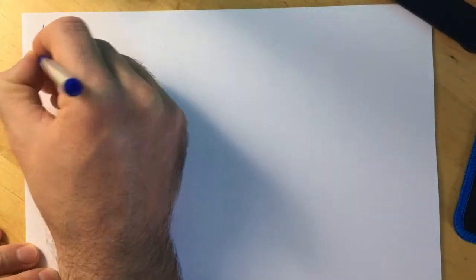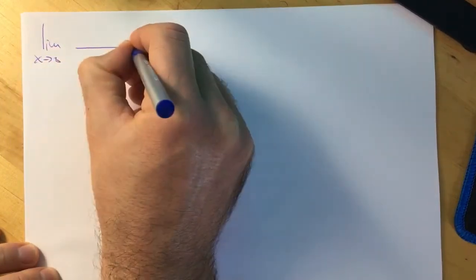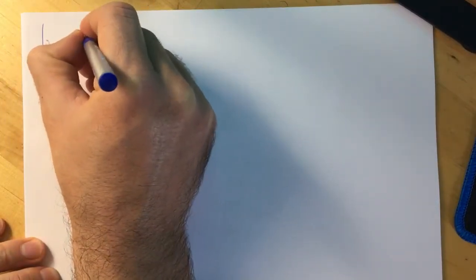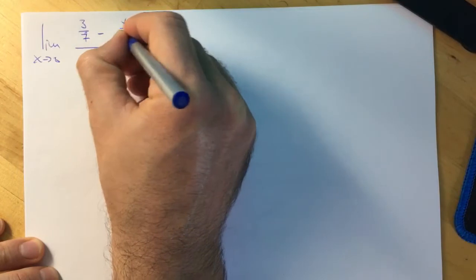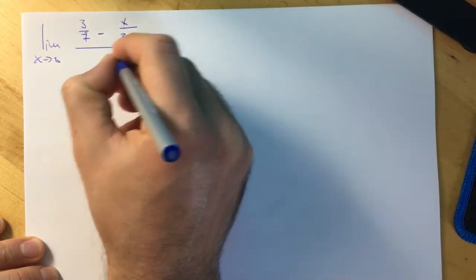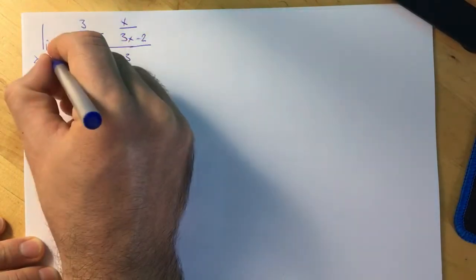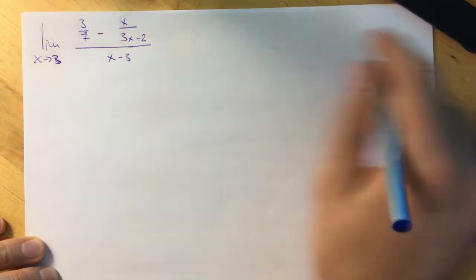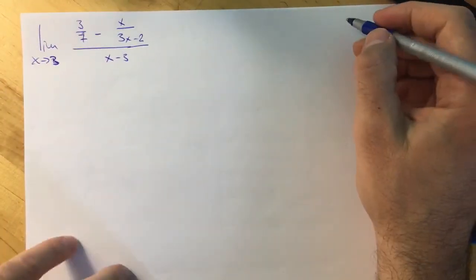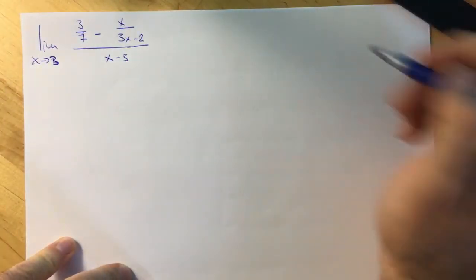Okay, so let's first evaluate the limit as x approaches 3 of (3/(7) minus x over 3x minus 2) over (x minus 3). Okay, you can do this on the side, or you can do it right here if you want.